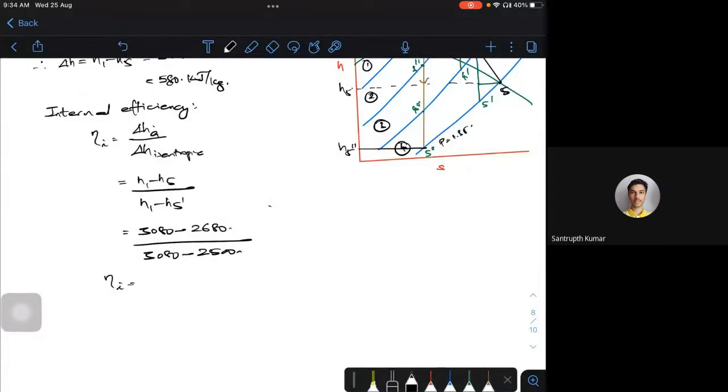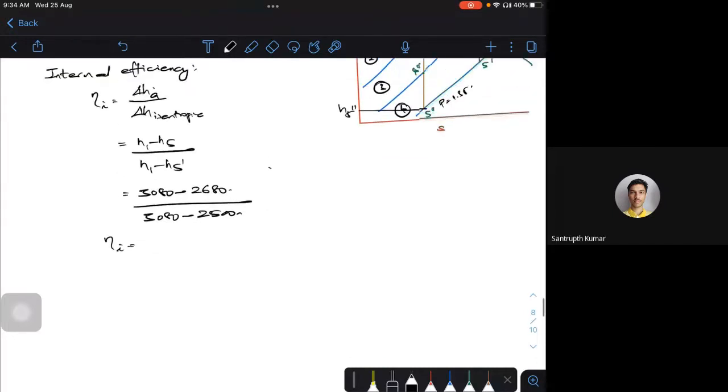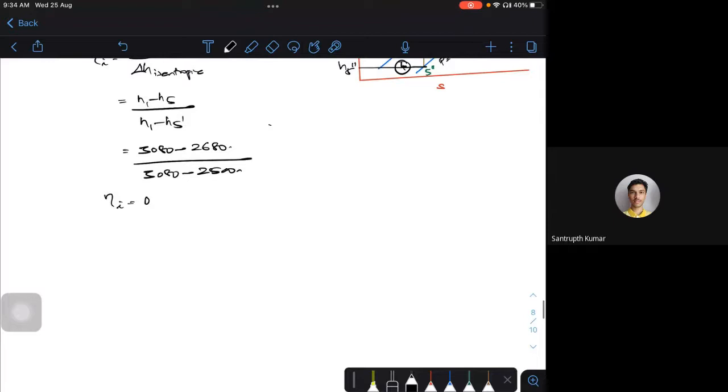This is your internal efficiency. So 400 by 580. So it is 0.68 or 0.69, 69%. So this is your internal efficiency.